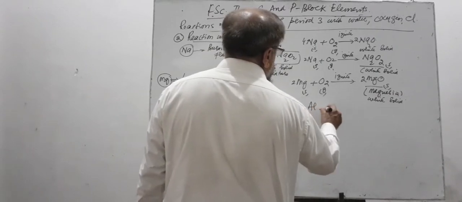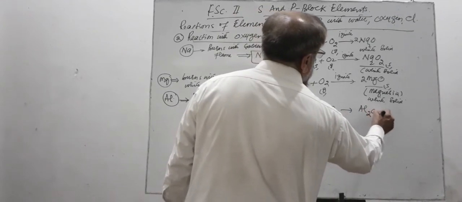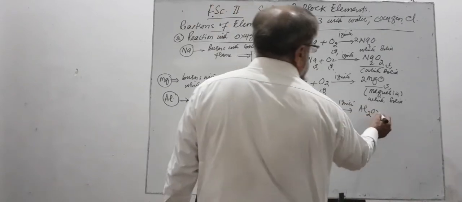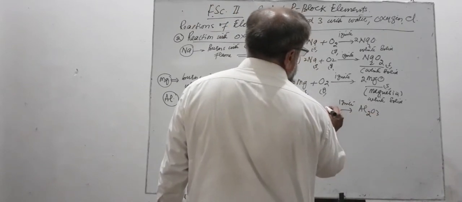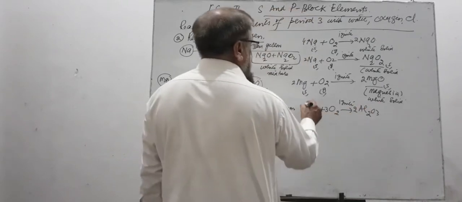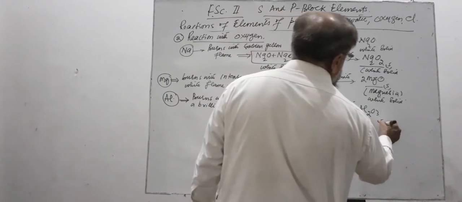The reaction is Al plus O2, Al2O3, ignite. First we balance oxygen: 3 into 2, 6, 2 3s are 6. And here we have 4 aluminium, solid, gas and solid.